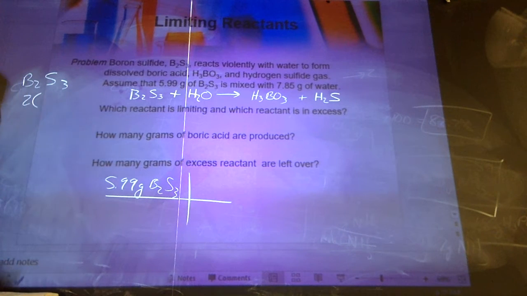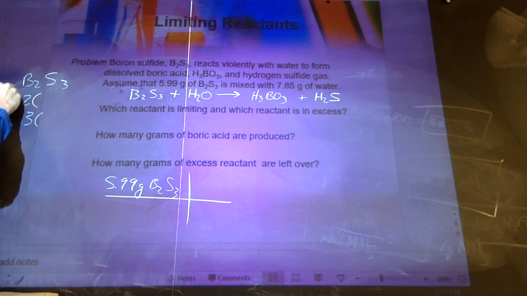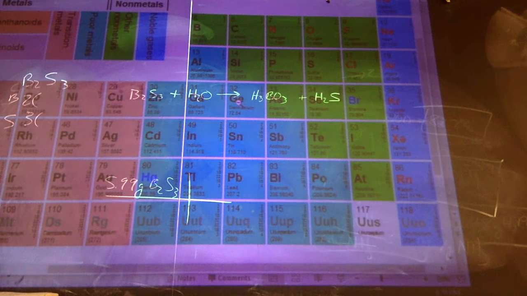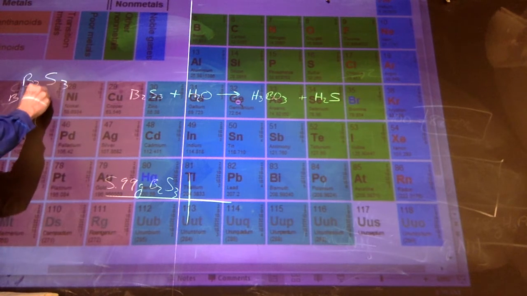So I look at boron and sulfur. Boron's 10.811.